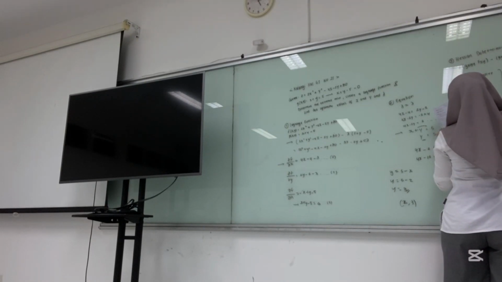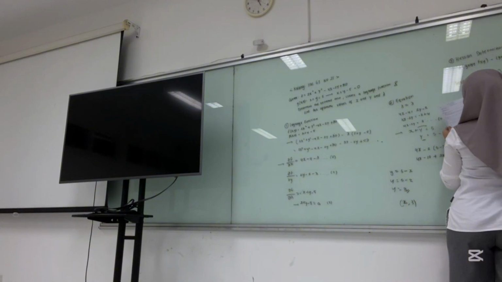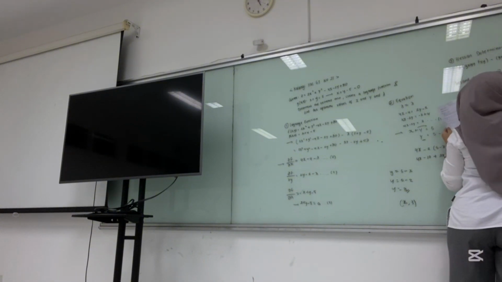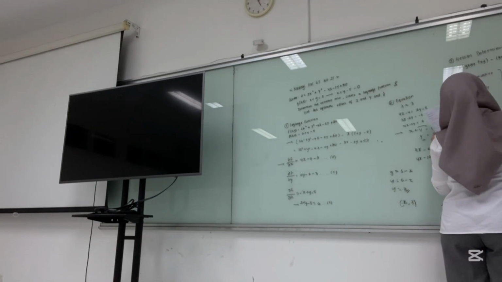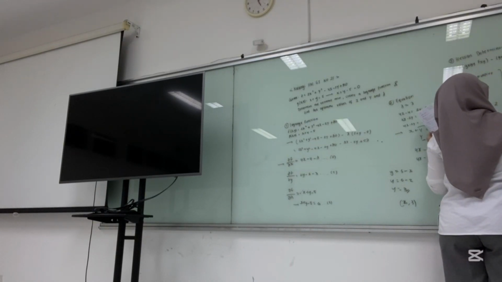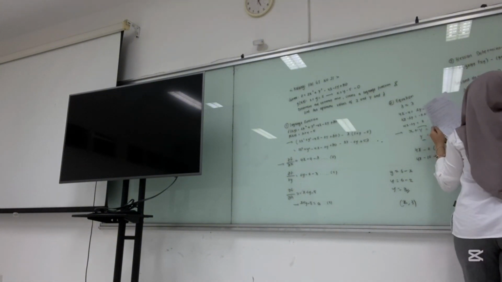This means 4 times 1 squared times 2. That would equal minus 6, which tells us that minus 6 is less than 0, so it's a minimum.